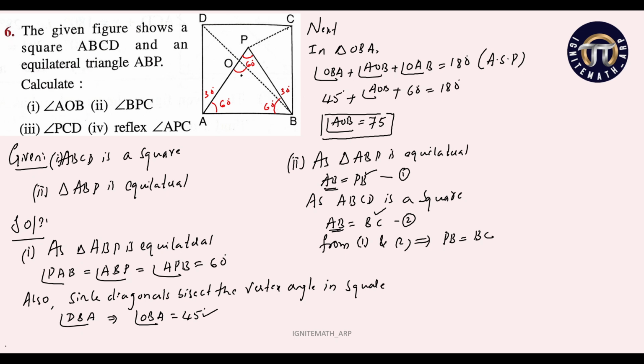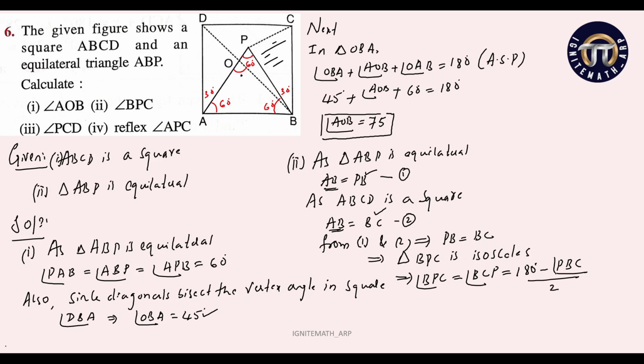Observe this triangle, children. PB is equal to BC. In the sense, can I say triangle BPC is isosceles? So that means angle BPC is equal to angle BCP, and they are equal to 180 degrees minus angle PBC, divided by 2.